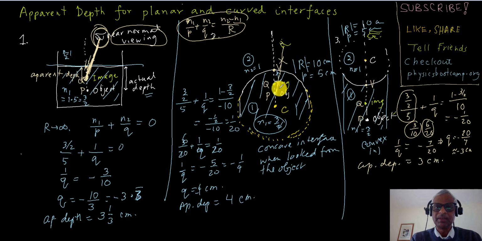No such ray. The ray actually bends. If you draw a ray like that, it's going to bend that way. So rays are bent. There's no straight ray to the eye, but the image appears in the direction of the straight ray.